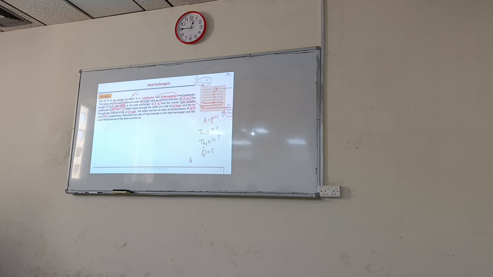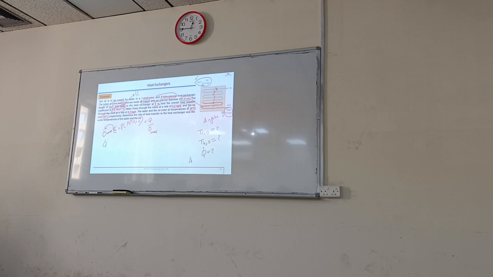So we can find the heat transfer Q dot from effectiveness, which is a function of NTU and C. Effectiveness is equal to Q dot over Q max.